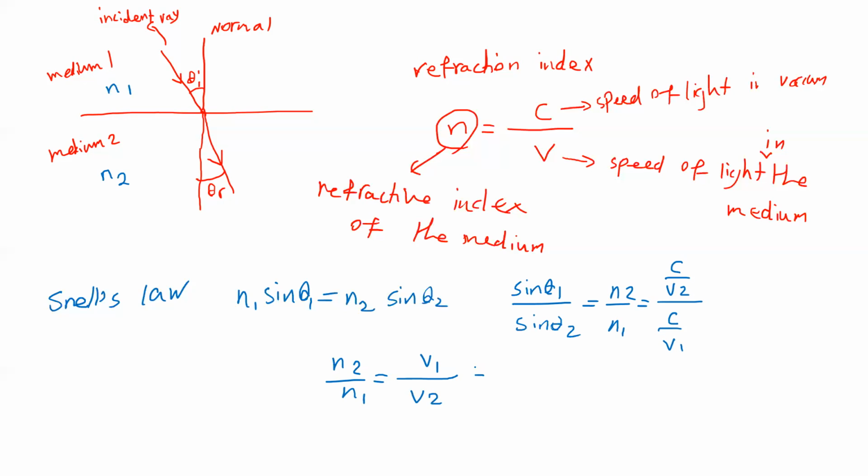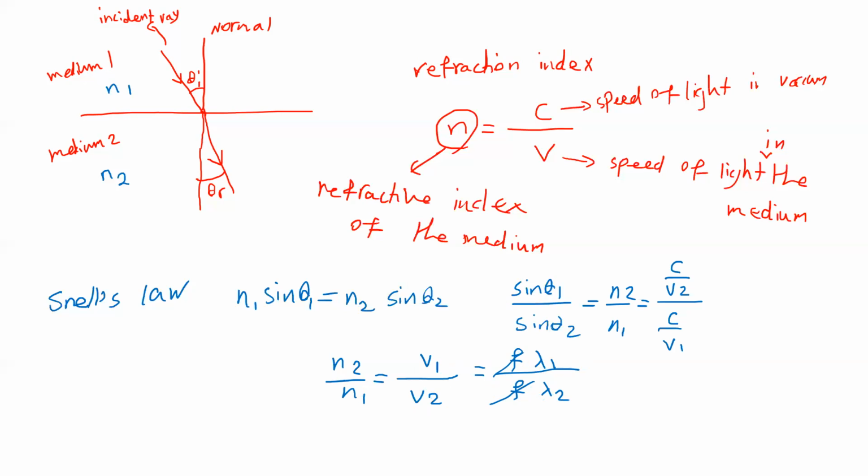And as we know, v equals f lambda, and f doesn't change because it depends on the source of light, so it is constant. So the frequency of light in both media is equal. I can write f lambda 1 for v1, and for v2 I can write f lambda 2, and f simplifies. So I get this relationship between n, sine theta, and lambda, which we can use in our calculations.